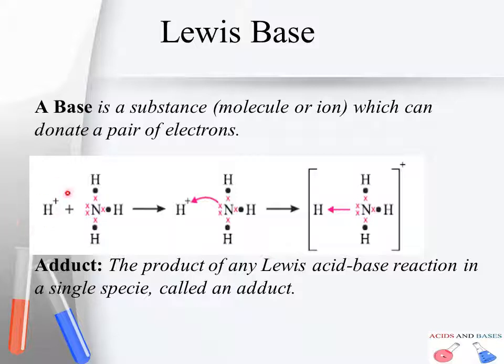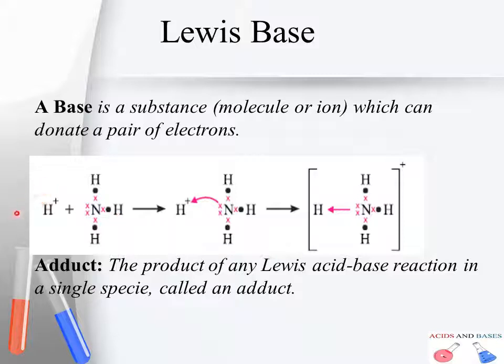Now we are taking H positive, not hydrogen gas. H positive is an ion. We know that hydrogen has atomic number 1, and if we talk about H positive, it means it has lost its 1 electron. Now its s subshell is vacant. So to complete its duplet rule, it can easily accept a pair of electrons from ammonia.